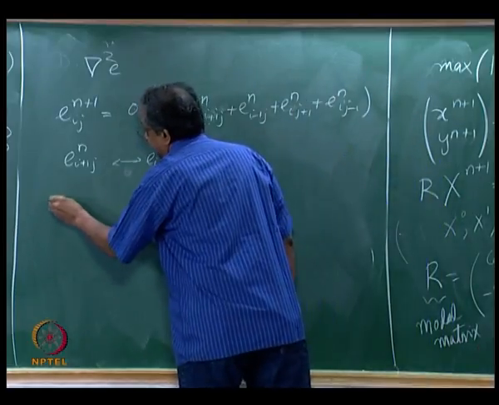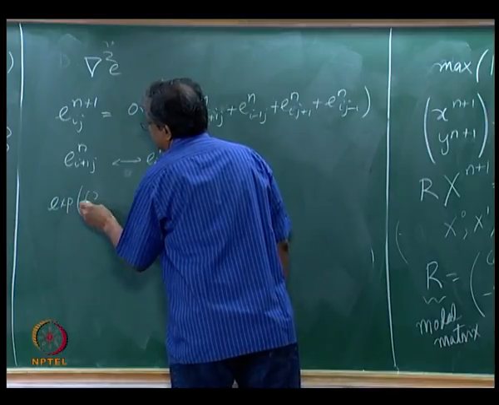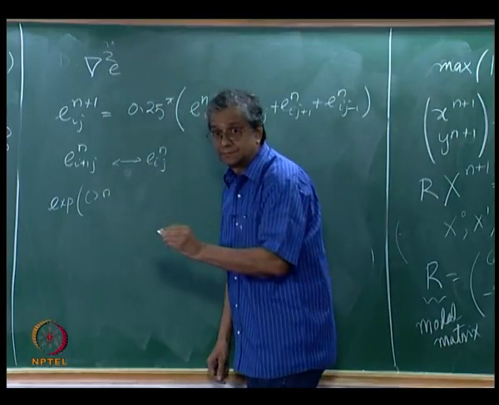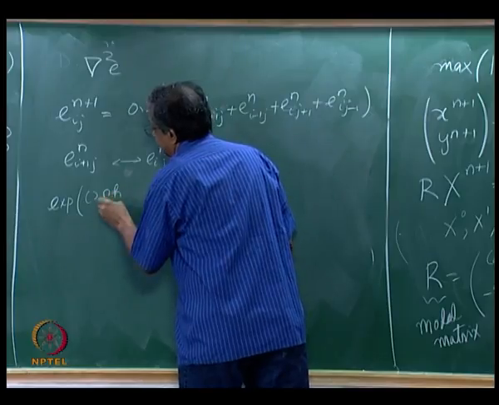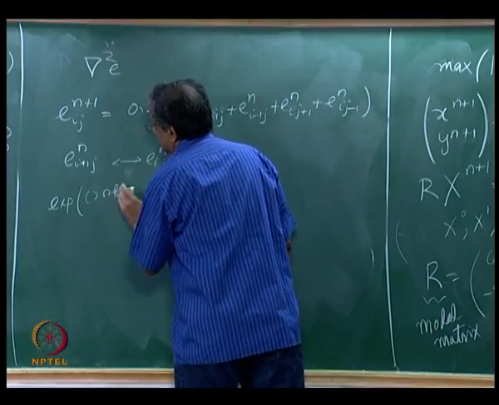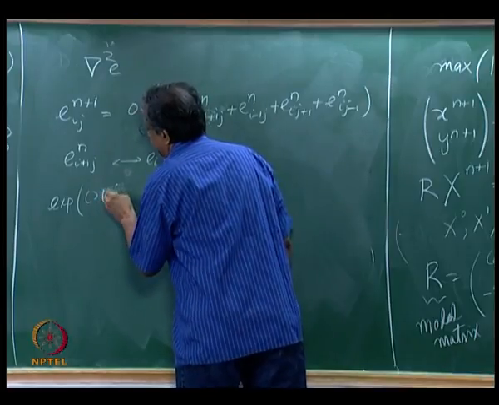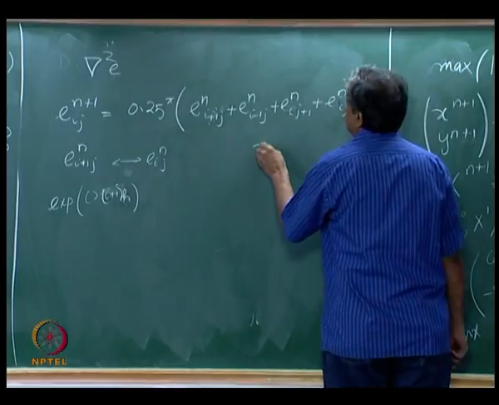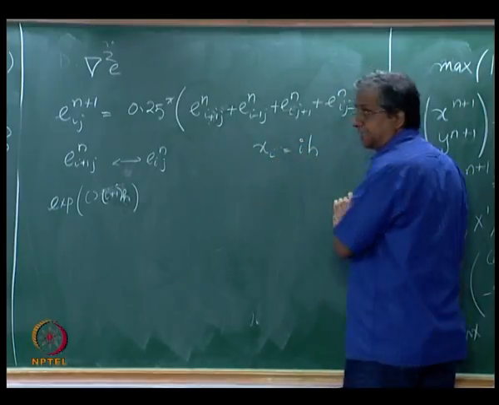One will be exponent of some constant times n delta x or nh, I am sorry, not n, i+1 times h, where x equals xi equals i times h, because we are taking equal intervals.